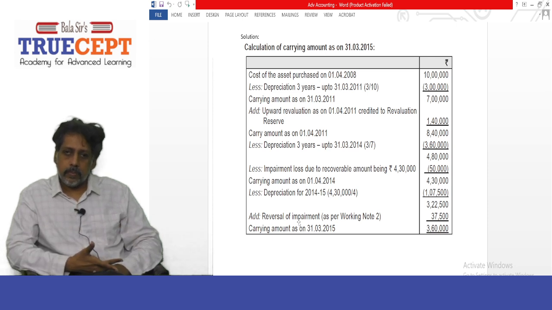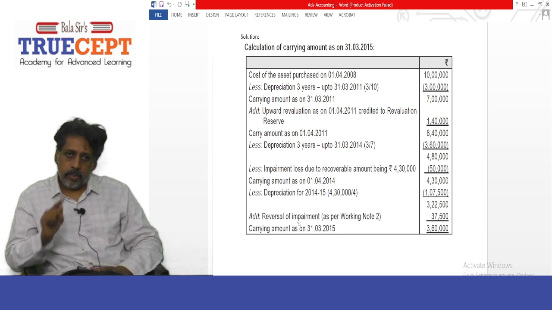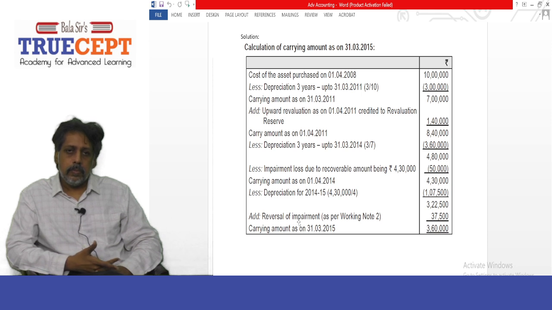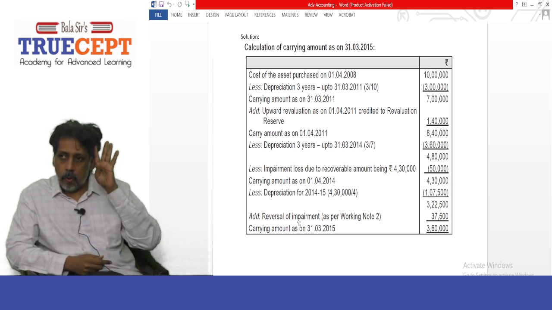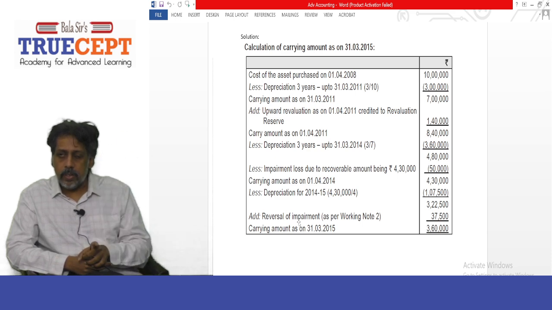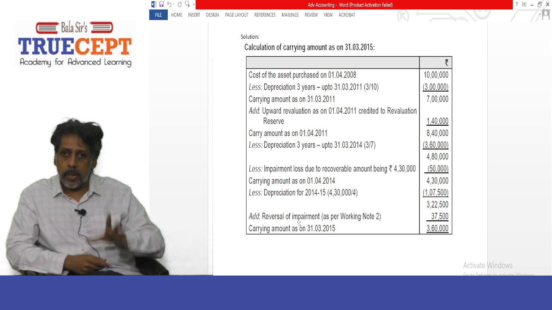Next, less impairment loss due to irrecoverable amount being 4,30,000, 50,000 loss. 50,000 impairment loss to be written off. Accounting we will see later. And net amount is 4,30,000. Then less depreciation for 2014-15. Notice this 4,30,000 by 4 years left in the asset, 1,07,500, which is again 7,500 more than the original depreciation, right?